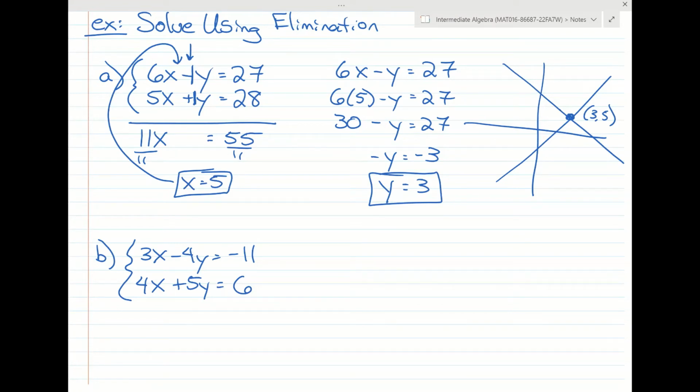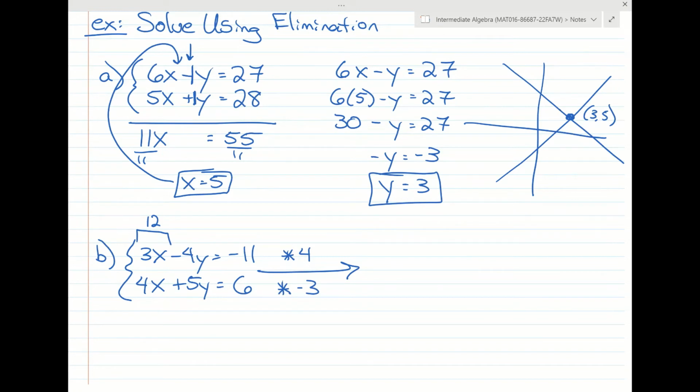What could be the smallest number that you could divide 3 and 4 into? It would be 12. We could turn the 3 into a 12 and the 4 into a 12, or we could even make the y's into 20s. The whole idea is we want to try to make them into the same number, different signs. I'm going to convert these to 12. So I'm going to multiply this top by 4, and I'm going to multiply this one by negative 3.